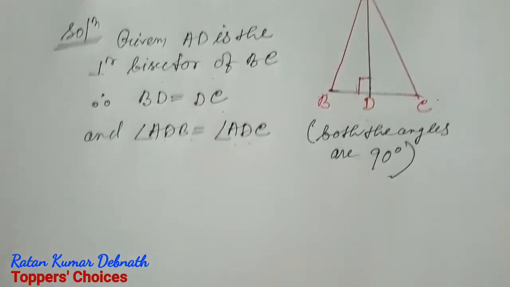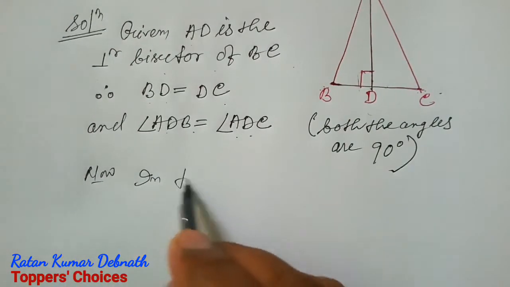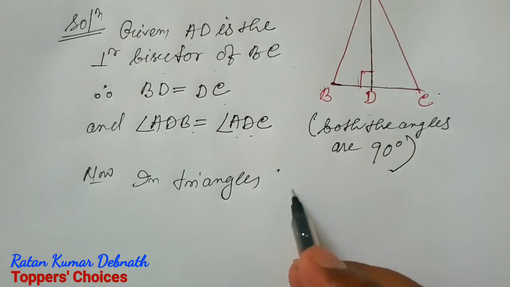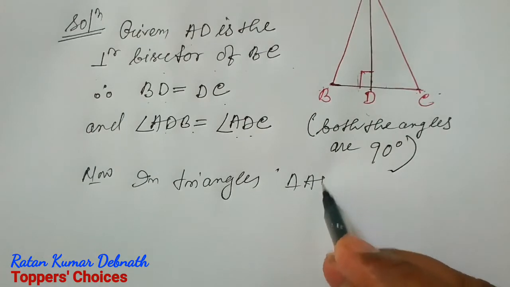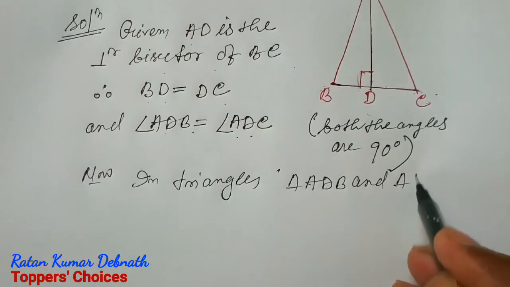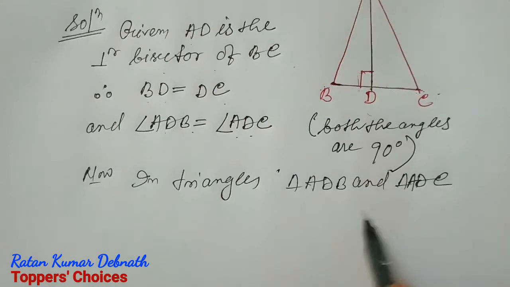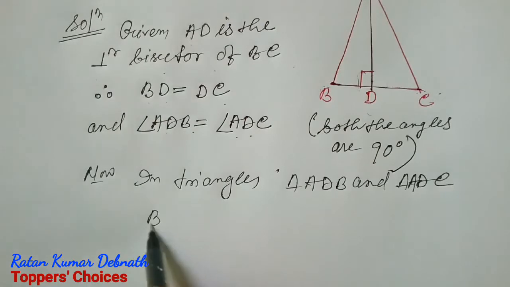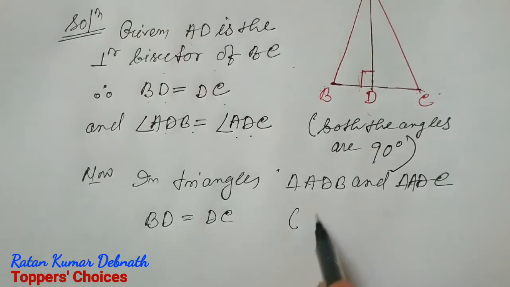Now in triangles ADB and ADC, we have BD equal to DC, which is given.